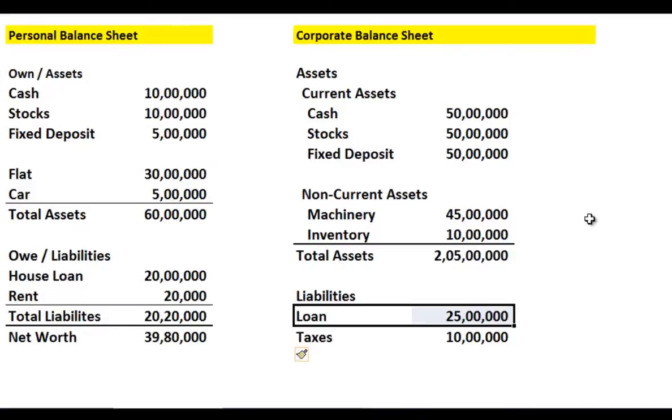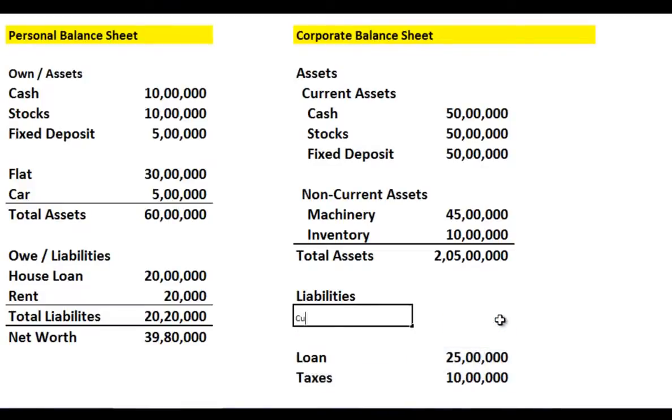It's a 10-year loan. You probably owe only maybe 1 lakh in this quarter. So what is a current liability is what part of this loan do you owe this period.